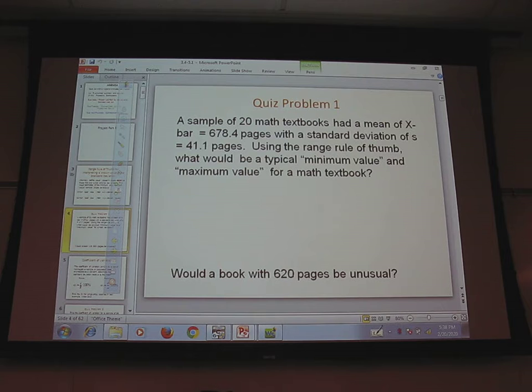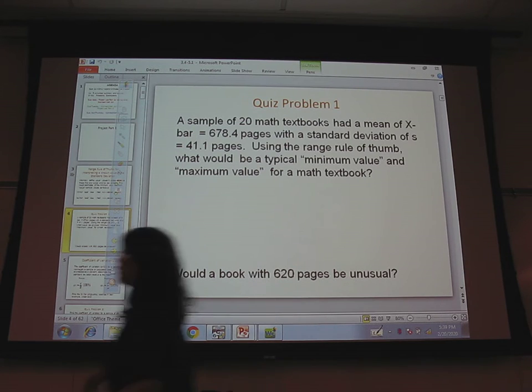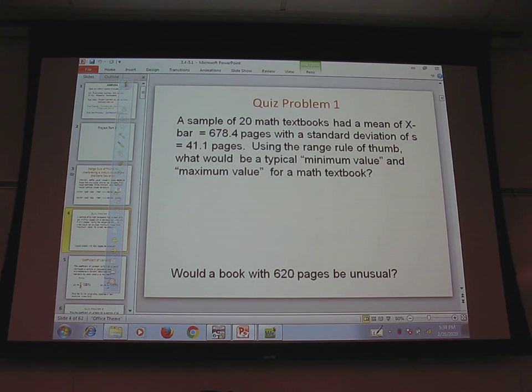So get used to these verbal clues it gives you now, so you can identify stuff later, because it's going to get more complicated. You want to get in the habit of identifying things quickly. So, a sample of 20 math books. 20 is my what? Sample size.